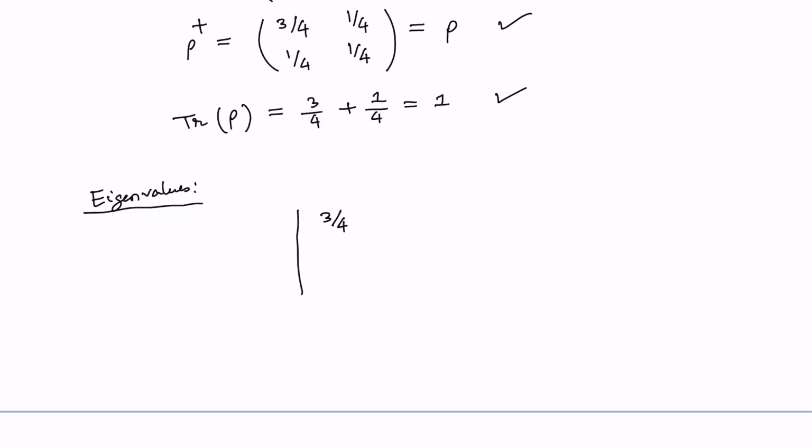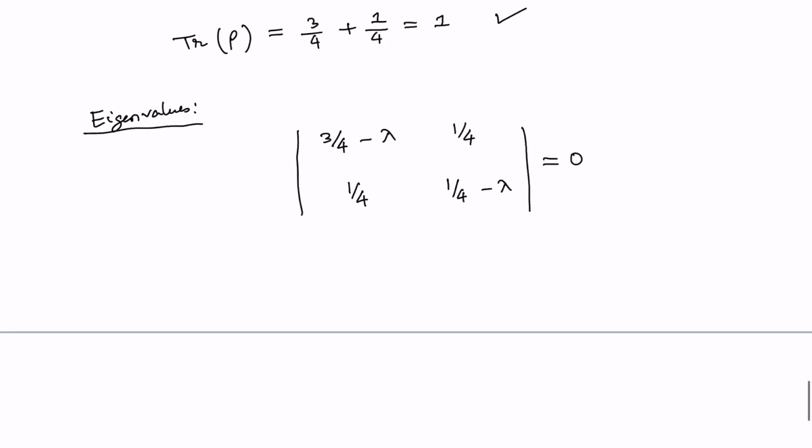So I have the characteristic equation. Let me set up the determinant of [3/4 minus lambda, 1/4; 1/4, 1/4 minus lambda] equal to 0. From here, you please do it, you will get the equation. This characteristic equation will be lambda square minus lambda plus 1/8 is equal to 0.